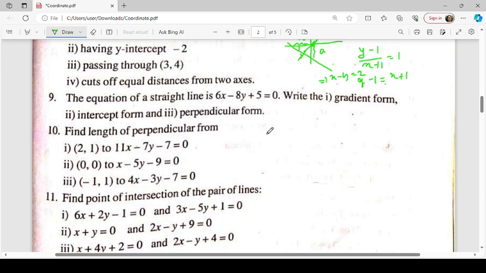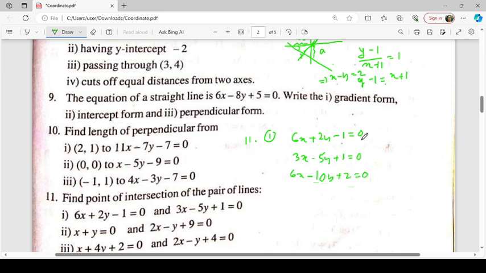So number 11, part 1, we solve it. 6x plus 2y minus 1 equal to 0. Then 3x minus 5y plus 1 equal to 0. If we make it 6, then it is 6x minus 10y plus 2 equal to 0.